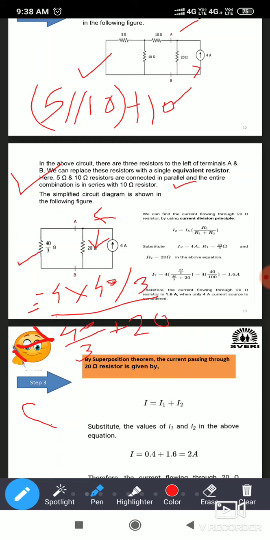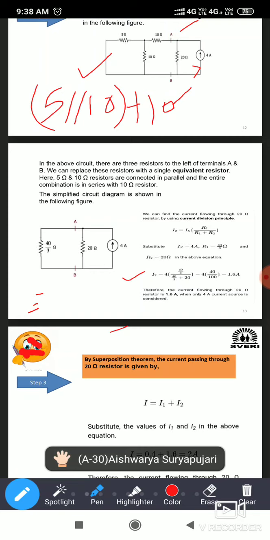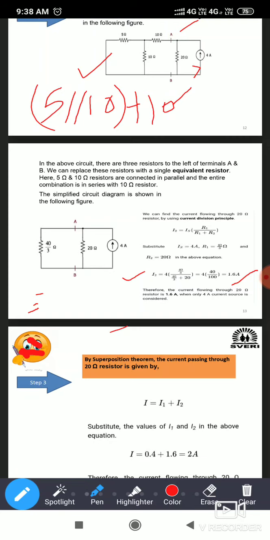So I2 is equal to 4 into 40 by 3 divided by (40 by 3 plus 20), that will give 1.6 ampere. So by keeping the 4 ampere current source as it is and shorting the voltage source, you get the current passing through 20 ohm as 1.6 ampere.